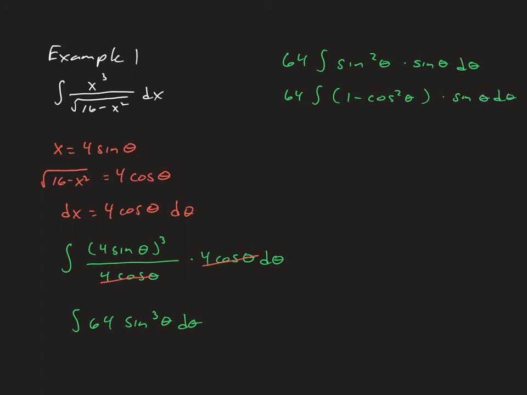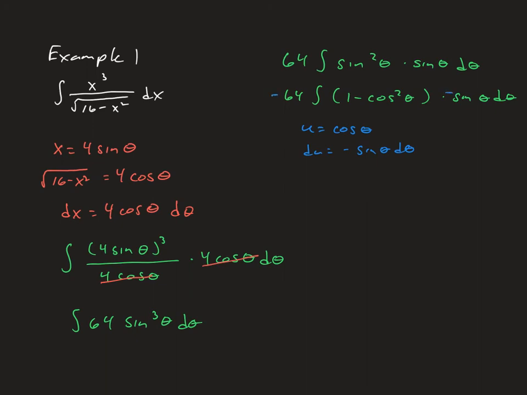And now the nice thing here is I can do a u substitution. I'm going to let u equal cosine theta. du is going to be negative sine theta d theta. I have the sine theta, I don't have the negative, so I'll put a negative and a negative.